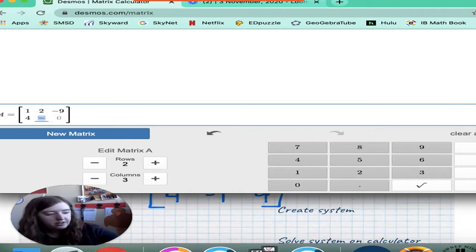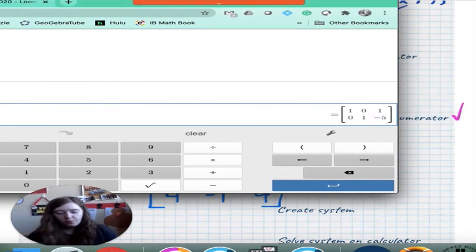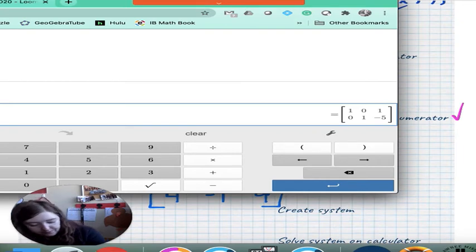Oopsies, forgot the 1 on there. Cool. And then positive 9. Press enter. Reduced row echelon form of matrix A. And we end up with 1, 0, 0, 1, 1, negative 5.